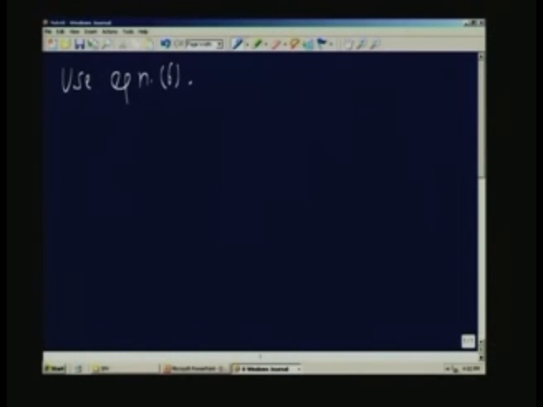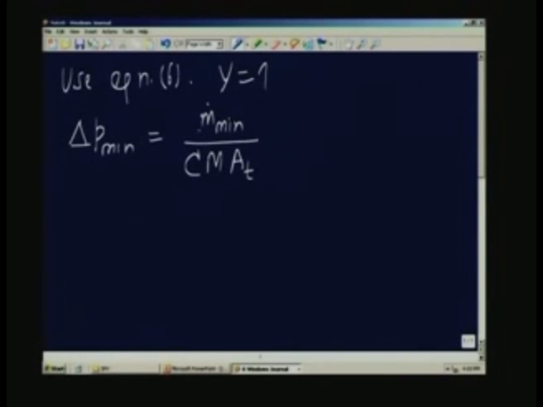Of course, the assumption is that Y equal to 1, there is no expansion factor, the compressibility effect is not there. Therefore, I can say delta P minimum by using that equation is m dot minimum divided by C m A at the throat, whole squared, multiplied by 1 over 2 times rho. So I will just substitute the values.